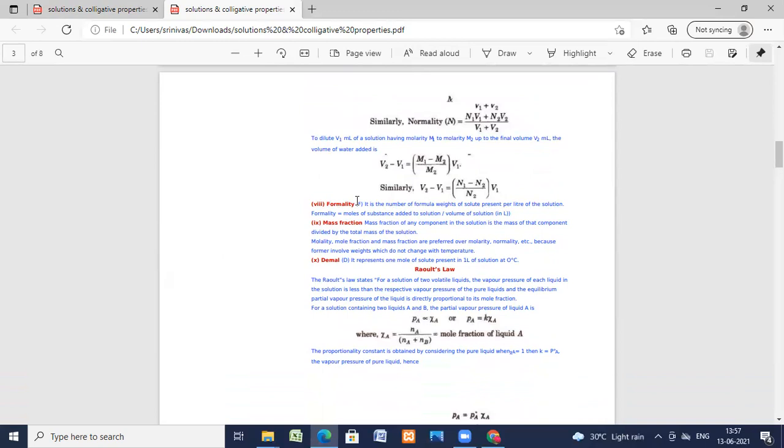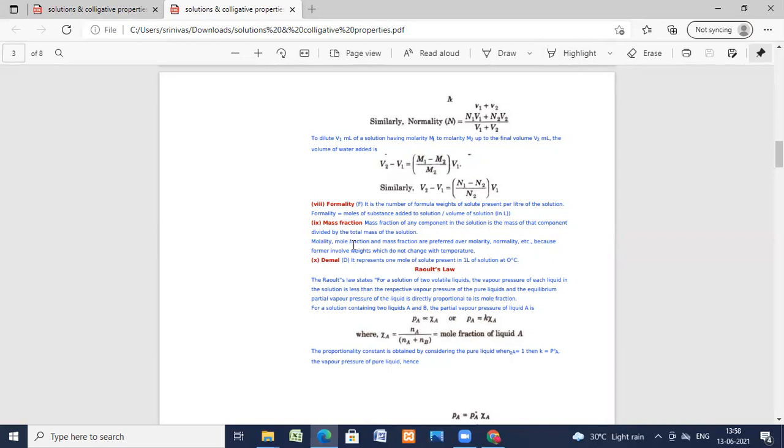Formality is equal to moles of the substance added to the solution by volume of solution in liters. Now, what is mass fraction? The mass fraction of any component in the solution is the mass of that component divided by the total mass of the solution.